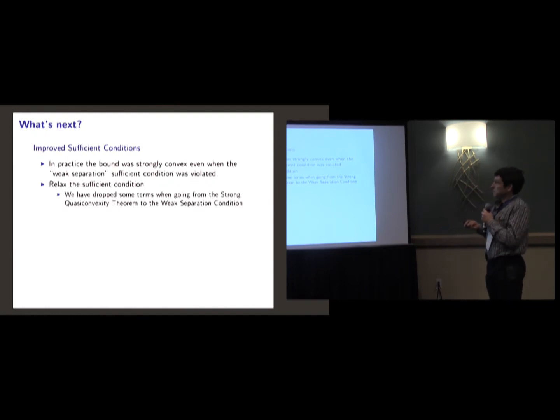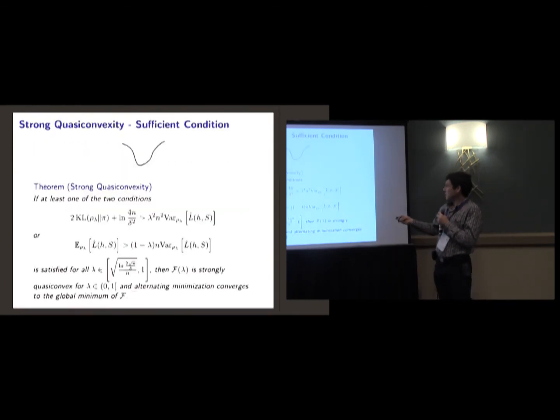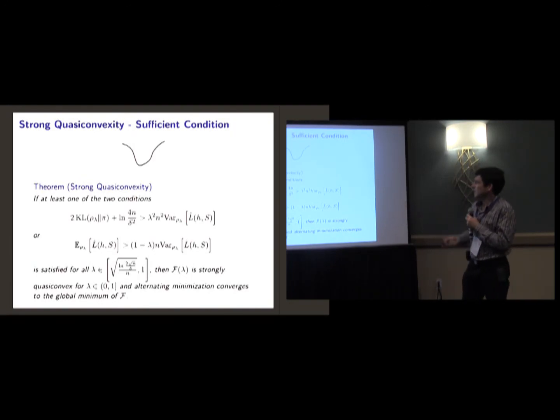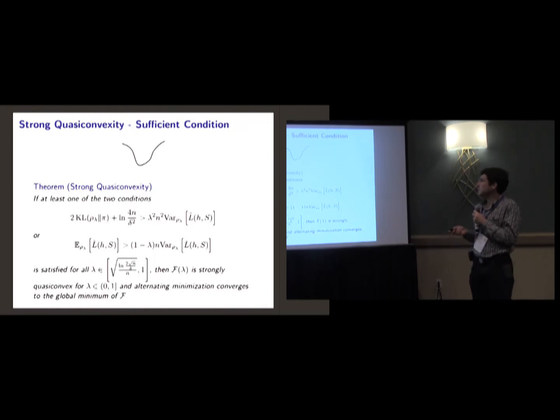When we did the analysis, we dropped some terms from the strong quasi-convexity theorem when we made the weak separation condition. To remind you, we bounded the variance just by this logarithmic term and dropped the KL term. So if we take back the KL term, or look at the second condition, it may be possible to get weaker sufficient conditions.